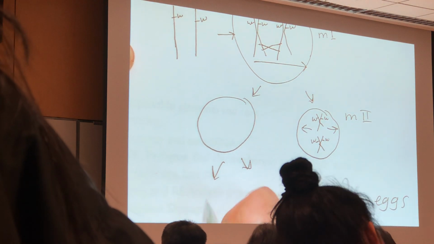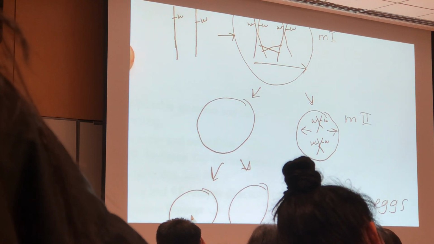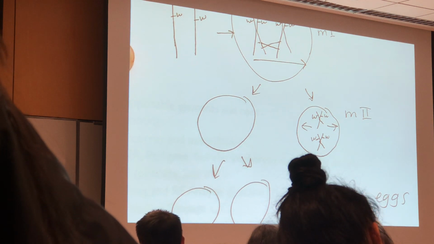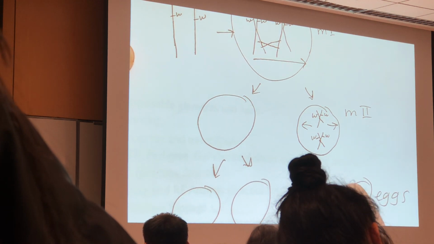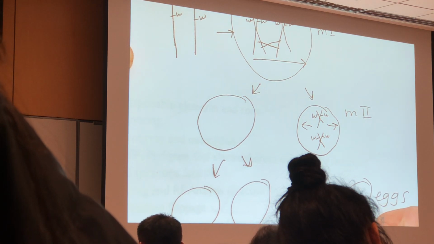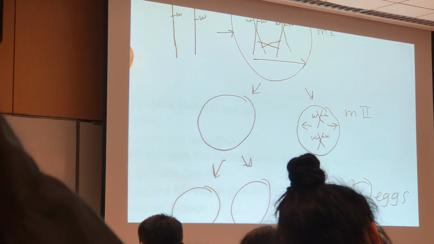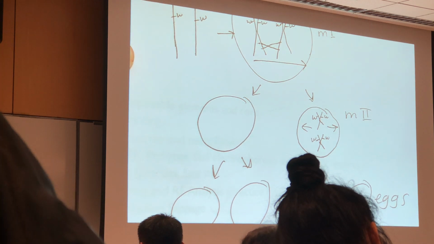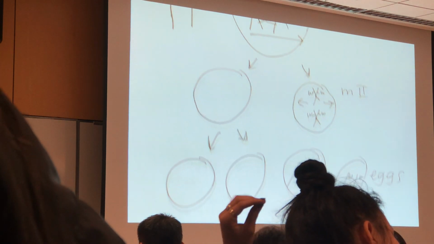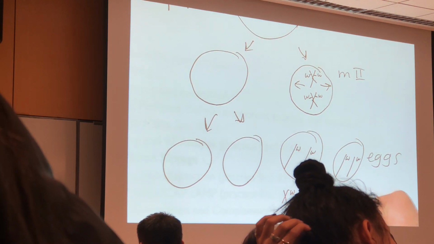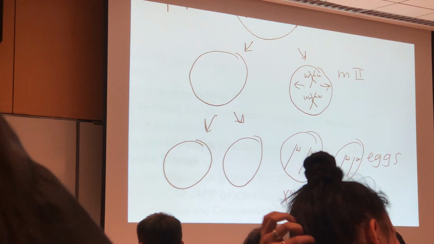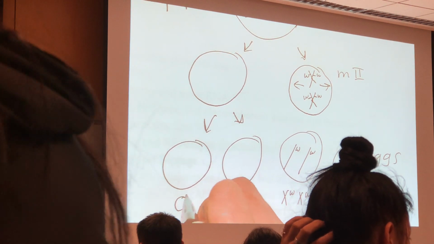Leading to eggs that have no X, null, or eggs that have X^w, X^w. This is the sex chromosome genotype, and here I'm just illustrating the actual chromatids. X^w, X^w.